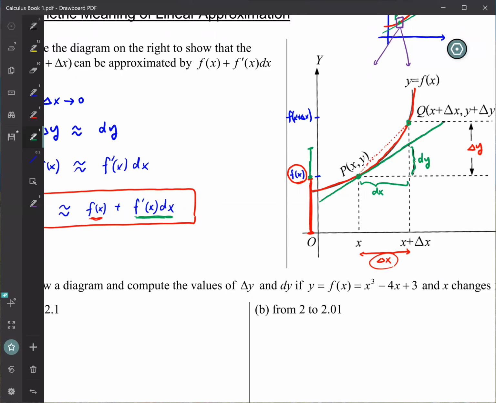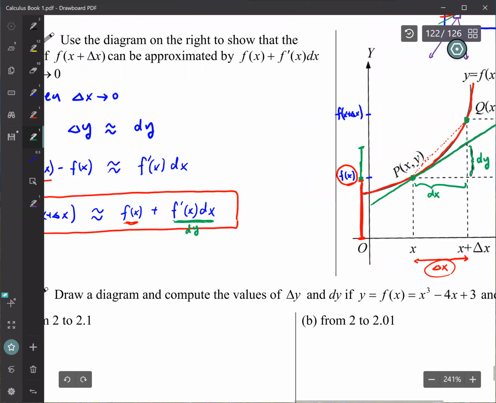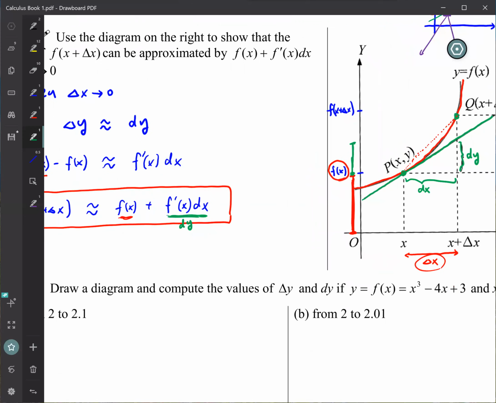Yes, f prime dx is dy. But it's only when we zoom in that we can tell the difference, right? Otherwise they look very close. Yeah. That's why at the beginning we have delta y close to dy. Okay, thank you.